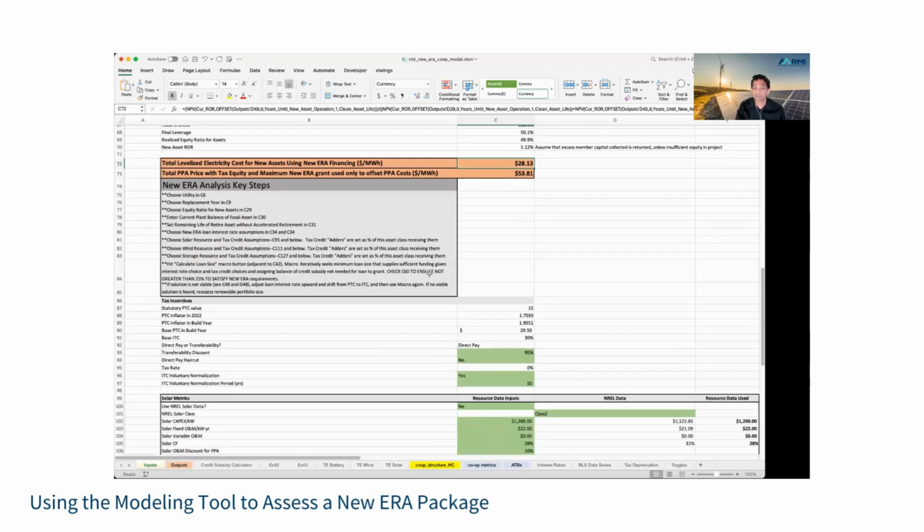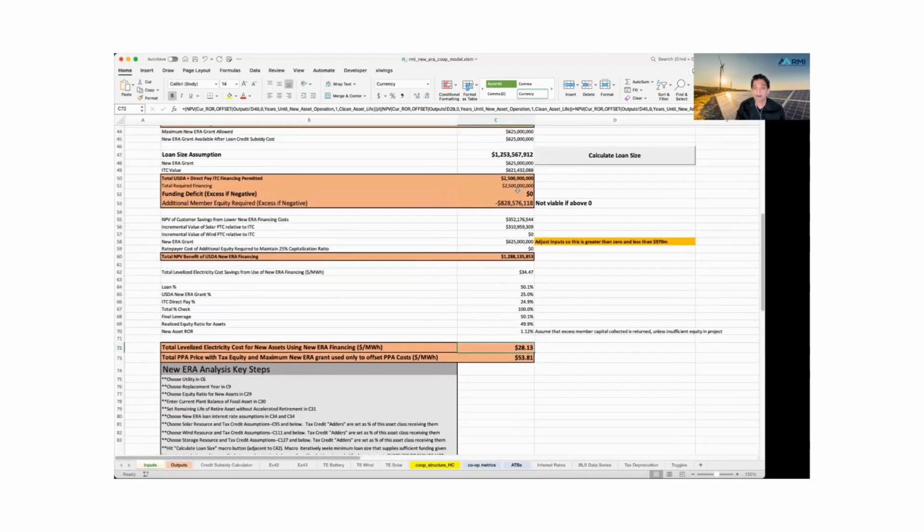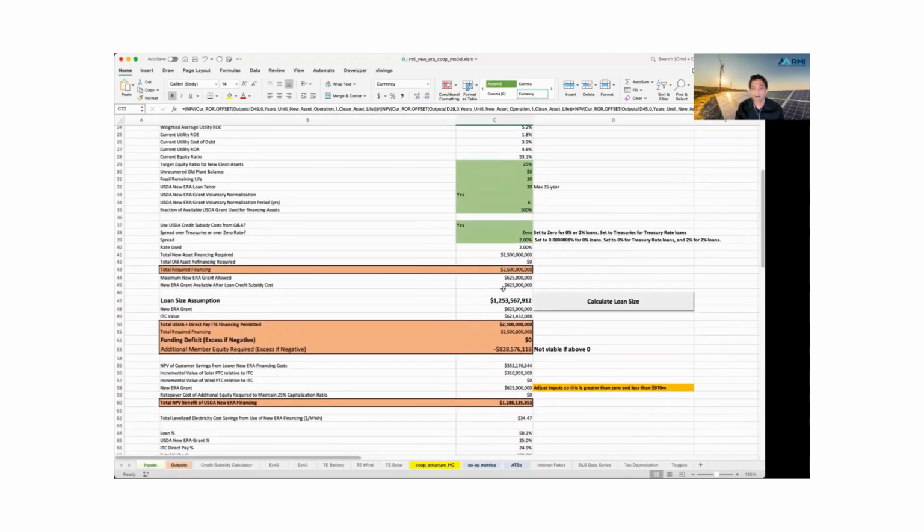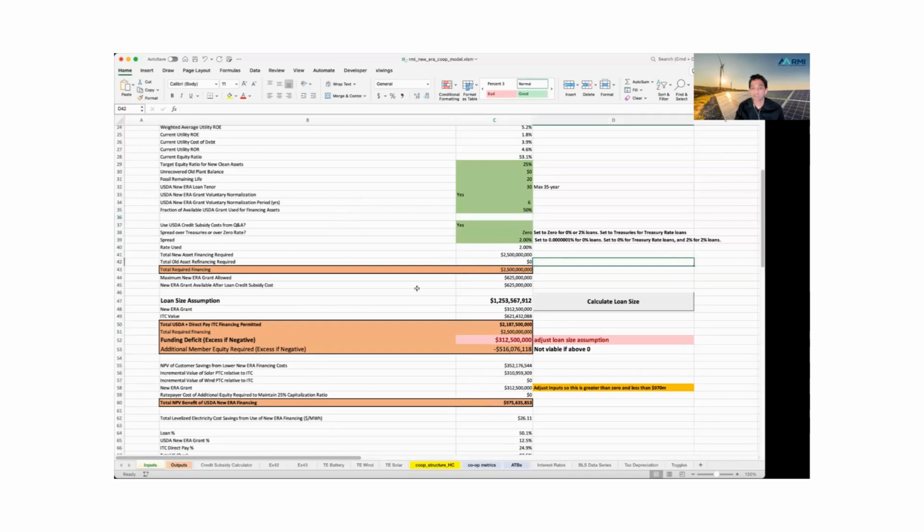Now we can always change these parameters to look at different combinations of assets and compare different portfolios of assets under different circumstances. For example, you may have other projects that you want to look at, and you may only want to look at applying about 50% of your USDA grant or financing for financing this particular asset.